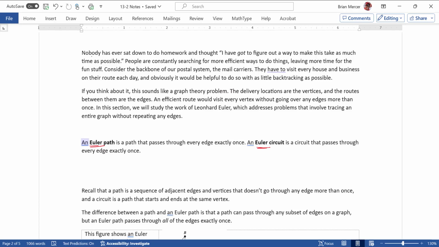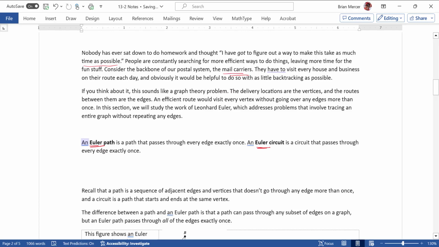Just a little quick thing to think about. Nobody's ever sat down to do homework and thought, I've got to figure out a way to make this take as much time as possible. Ha ha, we all know that's definitely not true. With pretty much everything we do, we're looking for more efficient ways to do things. One of the really good examples of this kind of thing is mail routes.